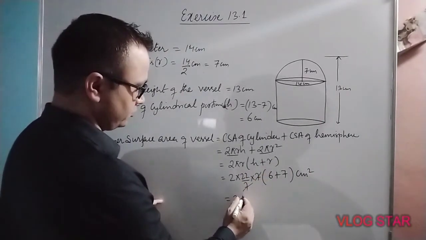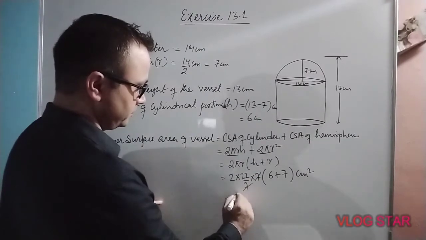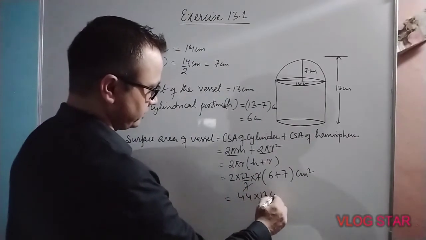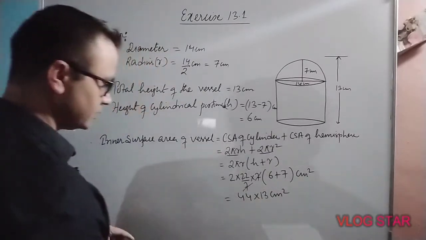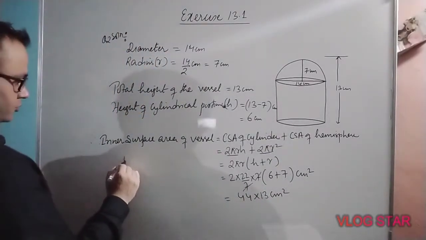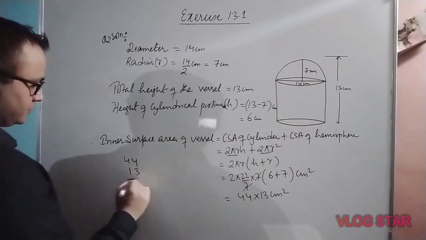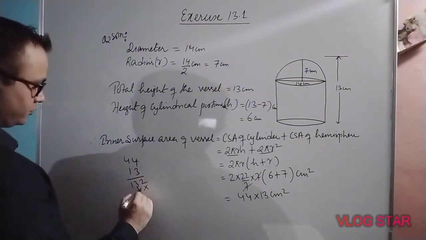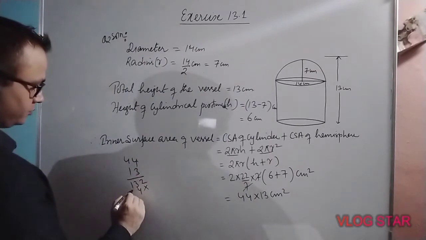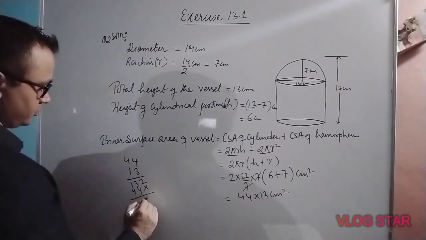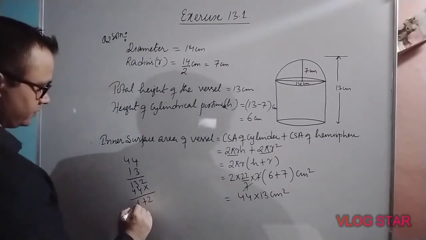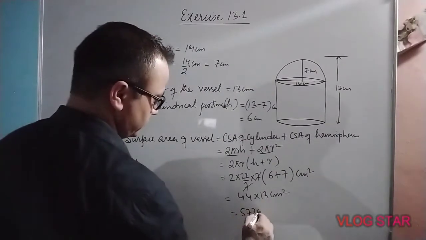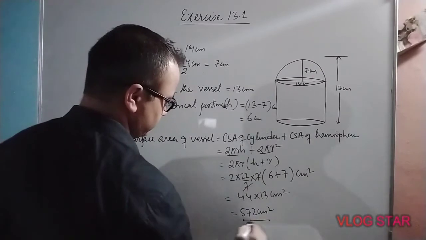So 2 into 22 is 44, into 13 centimeter square. 44 into 13 equals 572, so this equals 572 centimeter square.